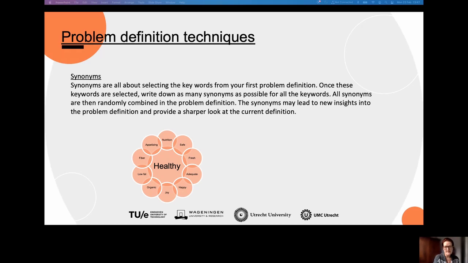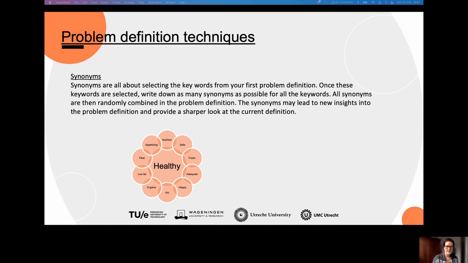And when you collect this information, it is also a source for you to look at your problem from different perspectives. So if you look at healthy from the perspective of fresh, that's of course completely different than if you look at how healthy food also makes your end user maybe happy or satisfied.